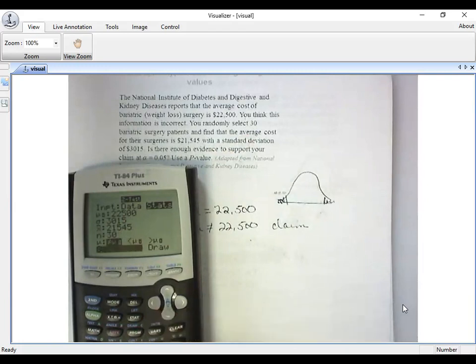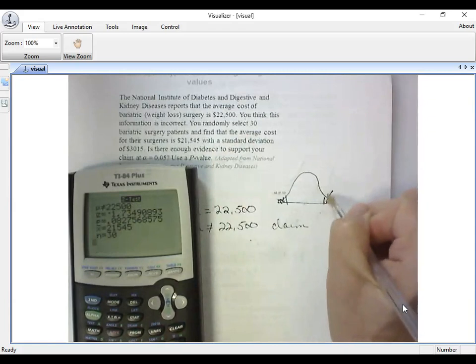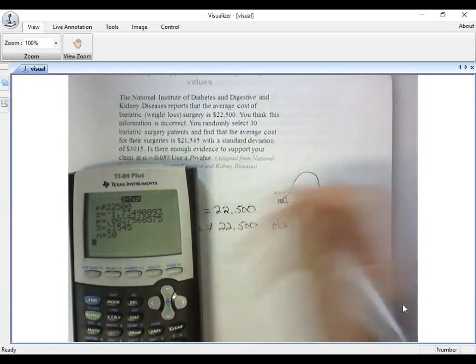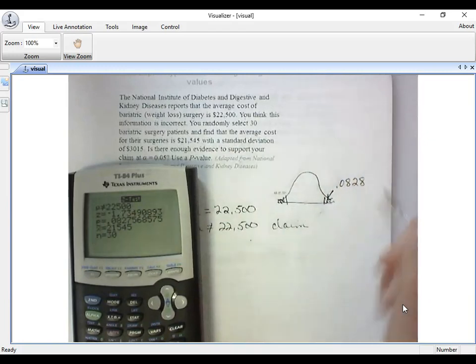Okay, now we're going to calculate. And I'm coming up with what for a p-value? 0.083. Now, don't forget, that's the value of p in how many tails? 2. This is only the value in one tail, but I will need to do what to get the value in two tails? Times 2.